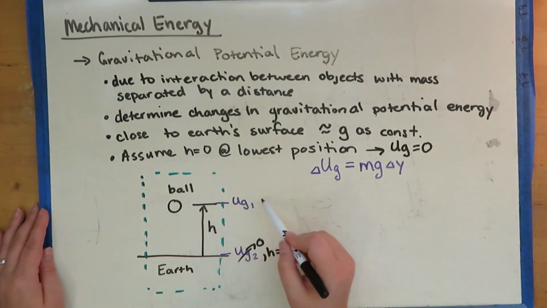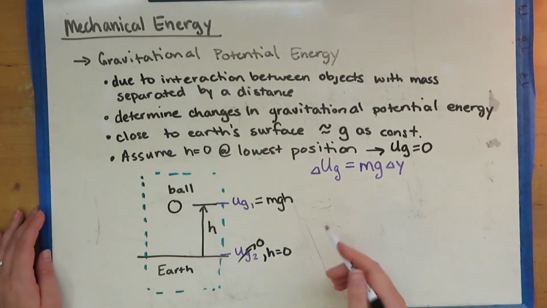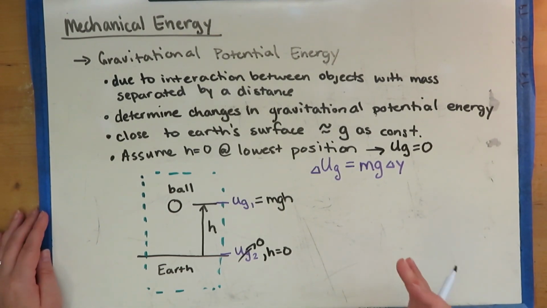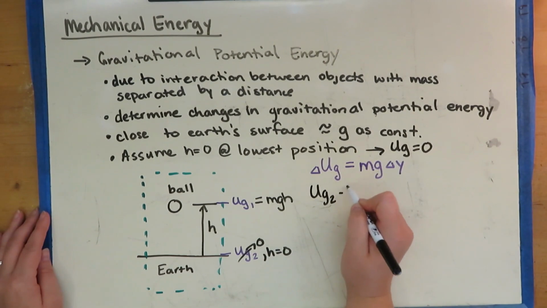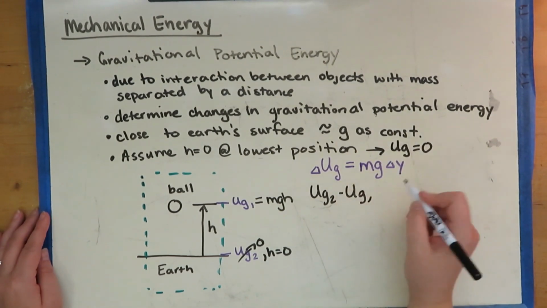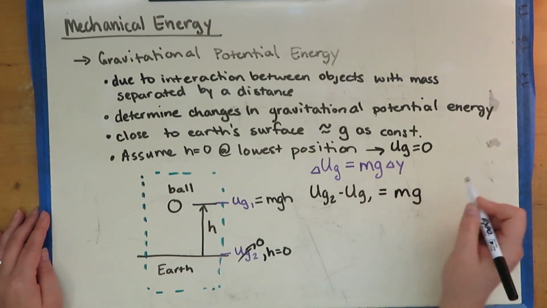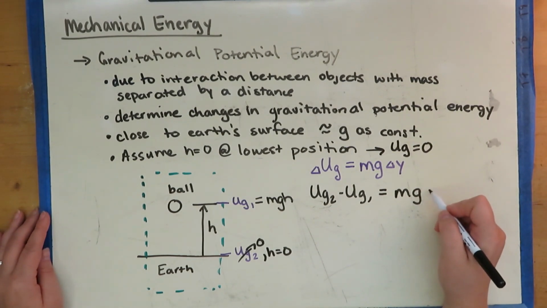So at this point, we're going to have a U_G equal to mgh, and that's the amount of potential we have. So what we've essentially done is U_G2 minus U_G1 for delta U_G is equal to mg times our delta y.